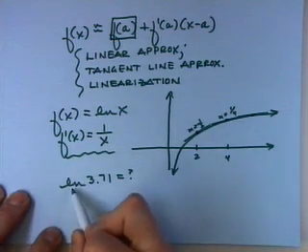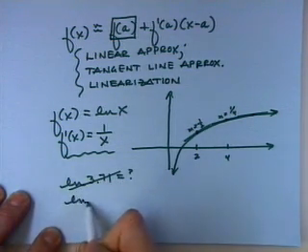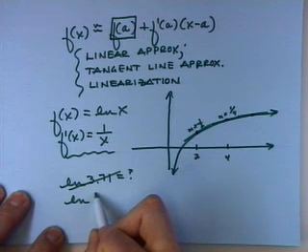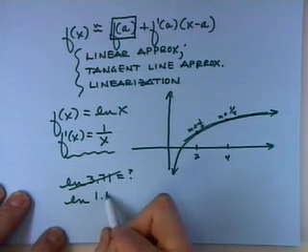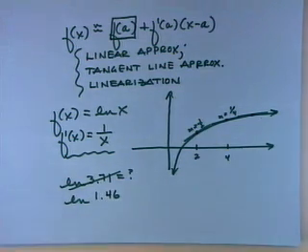So let's reload and get a new original problem. Let's say that we want 1.46. Now the reason I picked 1.46, somebody tell me why I reloaded to that number. It's close to 1. Close to 1, and don't we know the natural log of 1?